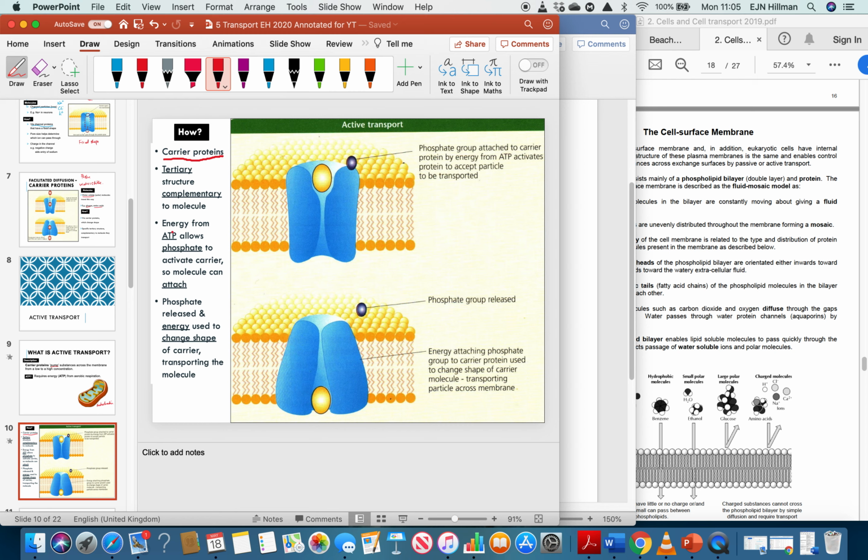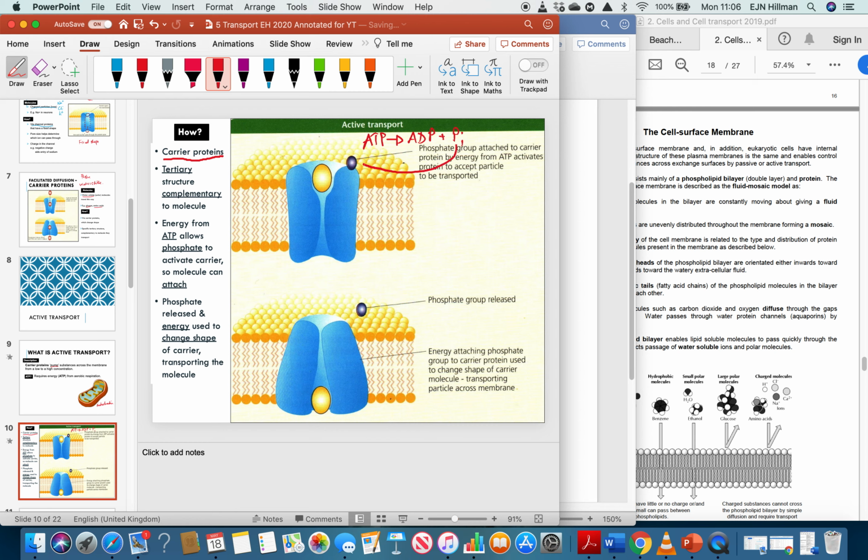Energy comes from the ATP. So when the ATP is hydrolyzed, the phosphate group becomes attached to the carrier protein. So ATP undergoes hydrolysis to produce ADP and an inorganic phosphate.